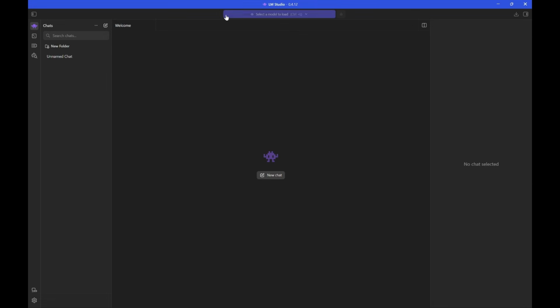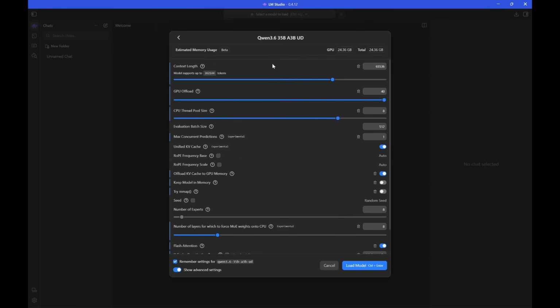Switching back to LM Studio, here are the settings I will be using for the Q4K XL suite of benchmarks. Given that this quant exceeds 20 gigabytes of VRAM, we are forced to offload some layers to the CPU to free up memory and be able to extend the context length for these specific tests.